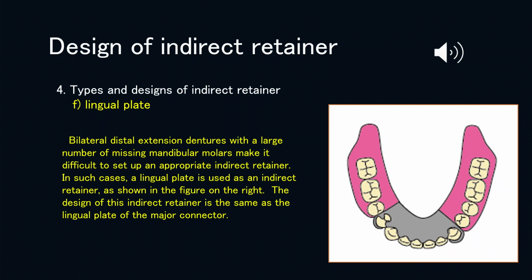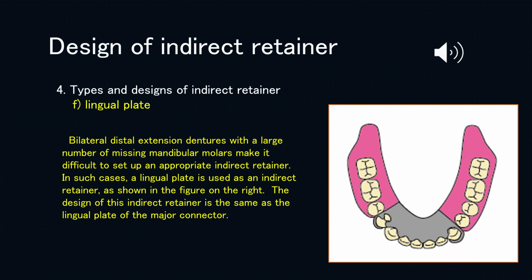Four. Types and designs of indirect retainer. F. Lingual plate. Bilateral distal extension dentures with a large number of missing mandibular molars make it difficult to set up an appropriate indirect retainer.